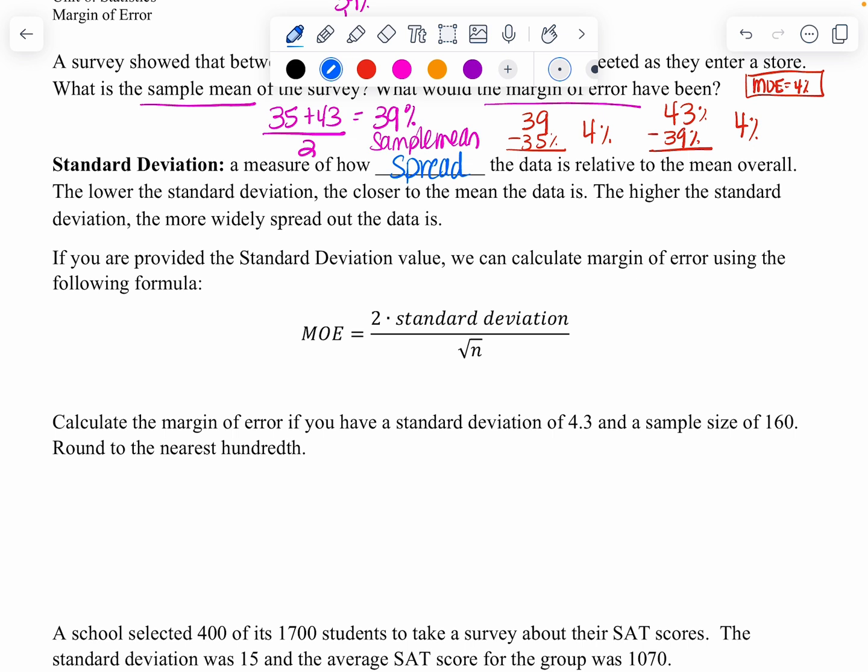The lower the standard deviation, the closer to the mean the data is. And the closer or tighter your data is, the more accurate it is. The higher the standard deviation, the more widely spread out the data is, and it's less reliable. So we're always looking for a low standard deviation.